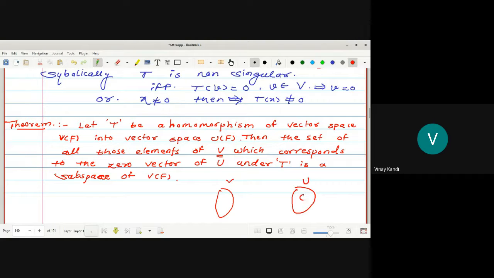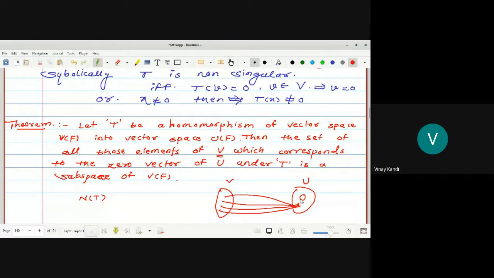Now we have to take the collection of those elements from V which map to this zero element of U. Suppose these are the four elements x1, x2, x3, x4 belonging to V. That is the null space of T. This definition we saw in the last lecture: the null space of T is nothing but the collection of those elements of your domain which map to the zero element of your codomain.